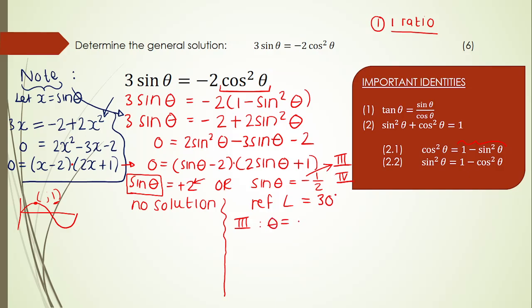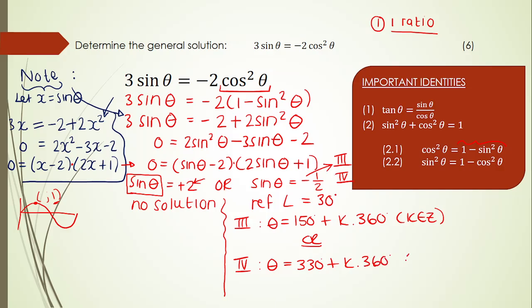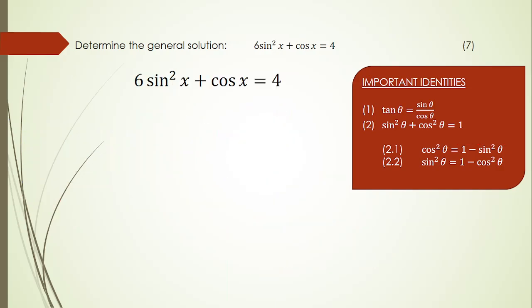Well, it's going to be 180 plus 30, which is 210, plus k times 360, and our period of sine is just 360. Or we're going to be in quadrant 4, and that is 360 minus 30, so that's going to be 330 plus k times 360, k an integer. Great. Let's move on.